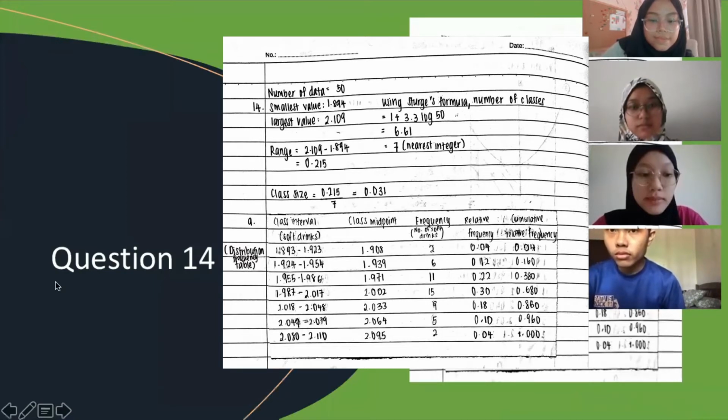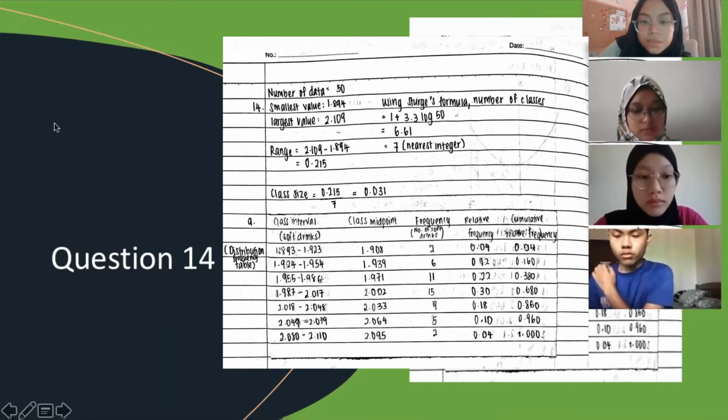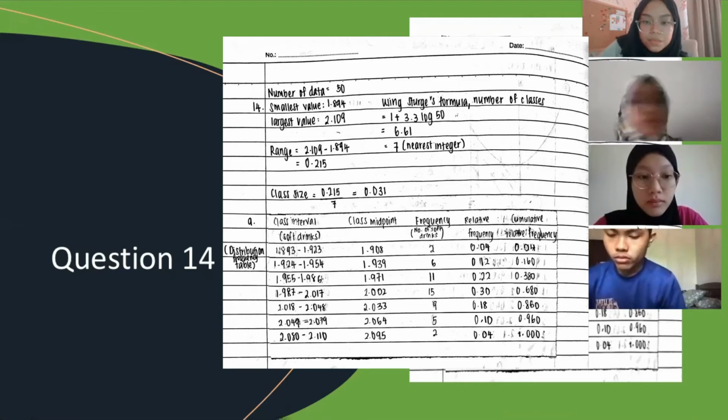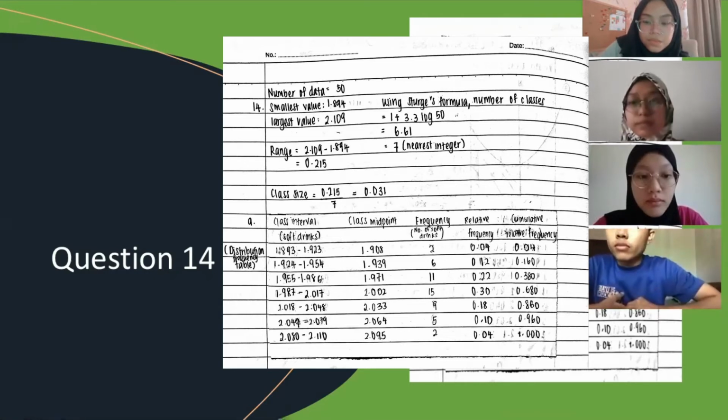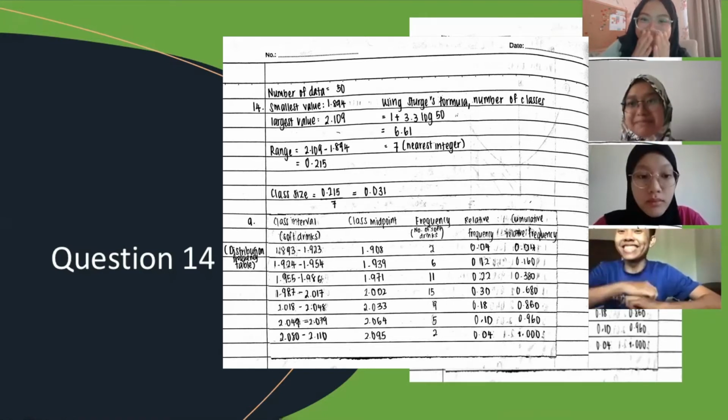Thank you, Arisha. I will be explaining question 14. The question gives data that shows the amount of soft drink in 50 bottles. So 50 data are given, and the question asks me to construct a frequency distribution table and an ogive.